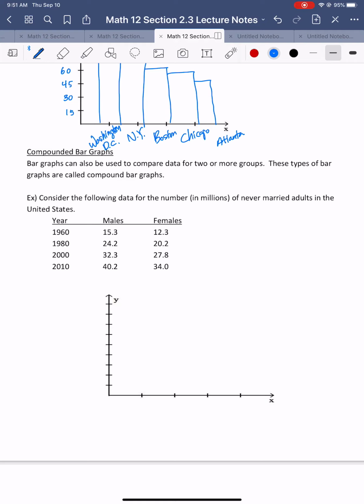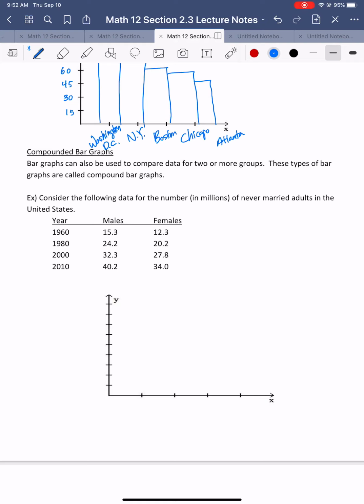So 1960, 15.2 million males and 12.3 million females. 1980, males are 24.2 million and females are 20.2 million. And 2000, 32.3 and 27.8 million. And then 2010 is 40.2 and then 34 million.